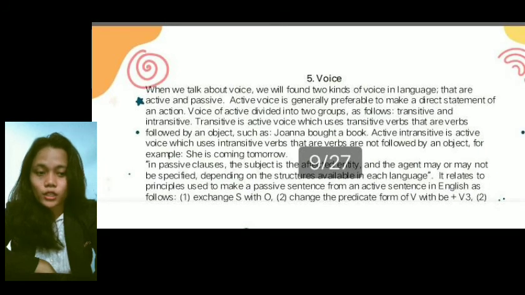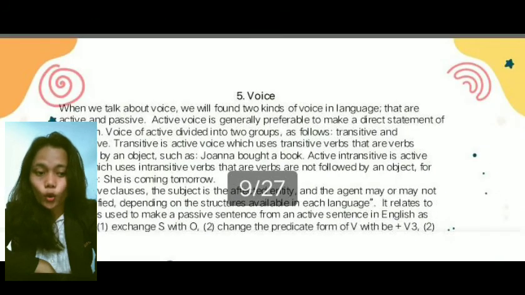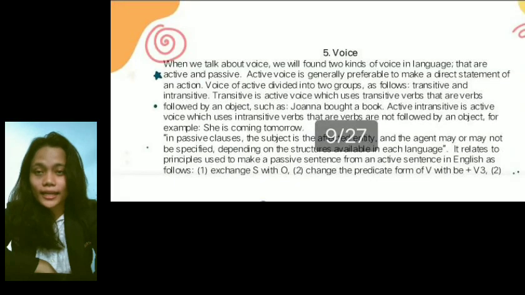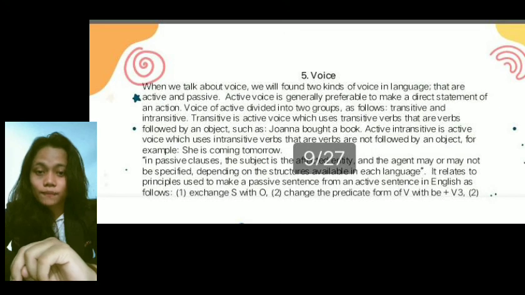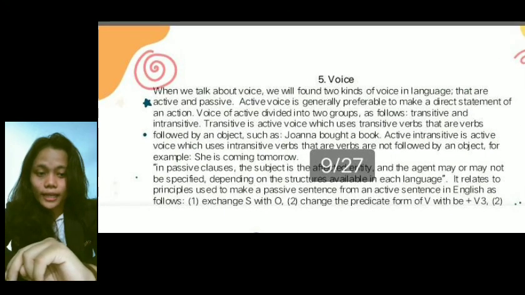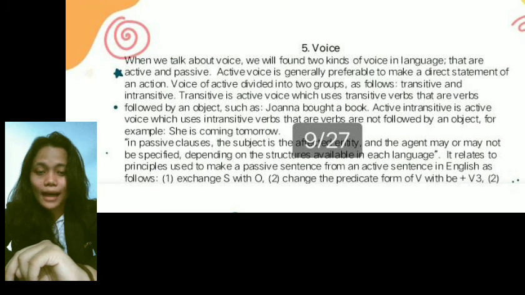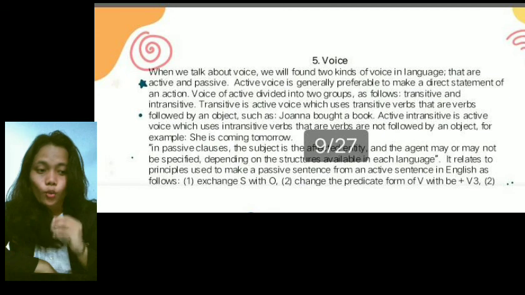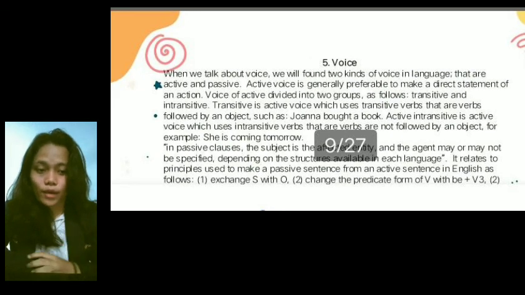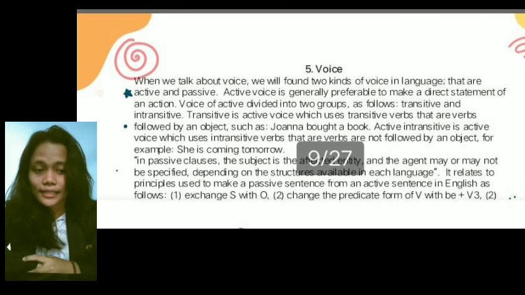The first, exchange S with O and change the predicate form of V with be plus verb 3. The second, add the word by in front of the former subject. The example is John was helped by Mary, from the active sentence Mary helped John.